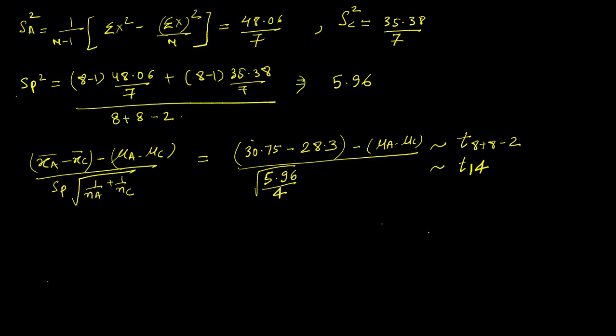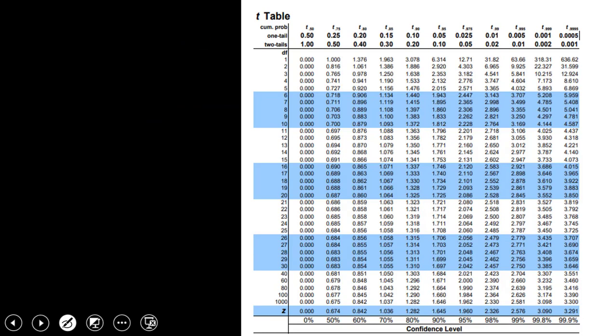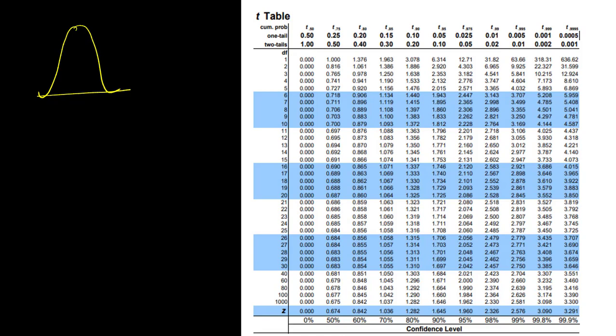Now let us see the t distribution table. This here is the t distribution table. What do we require in a t distribution table? Since we are required to find the 95% confidence level and the confidence interval must be symmetrical, the area under the right hand tail must be 2.5% and the area under the left hand tail must also be 2.5%.